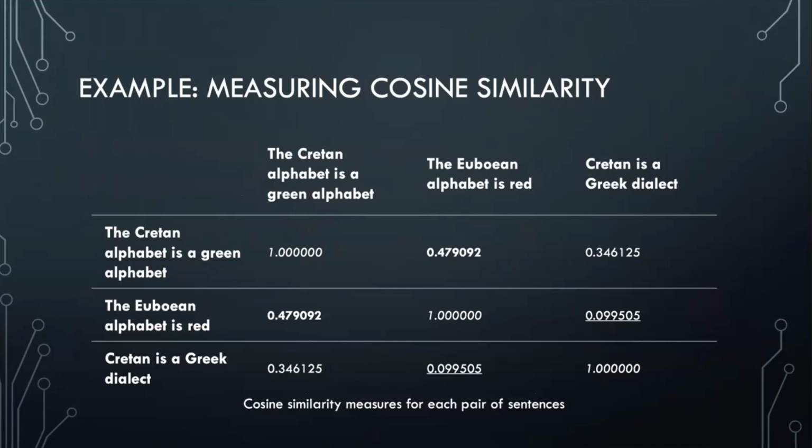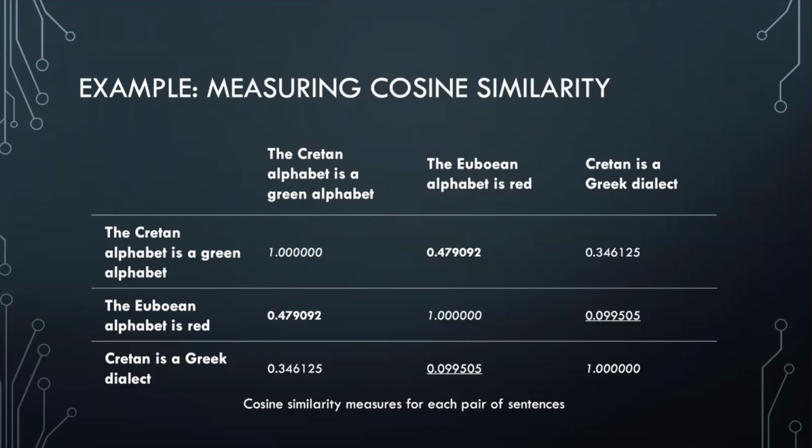So following our previous example, if we make this calculation for all possible pairs and we rank them from most to least similar, we would get this result. The two sentences about the Cretan and Euboean alphabets are the ones which are the closest, followed by the sentences about the Cretan alphabet and the Cretan dialect.